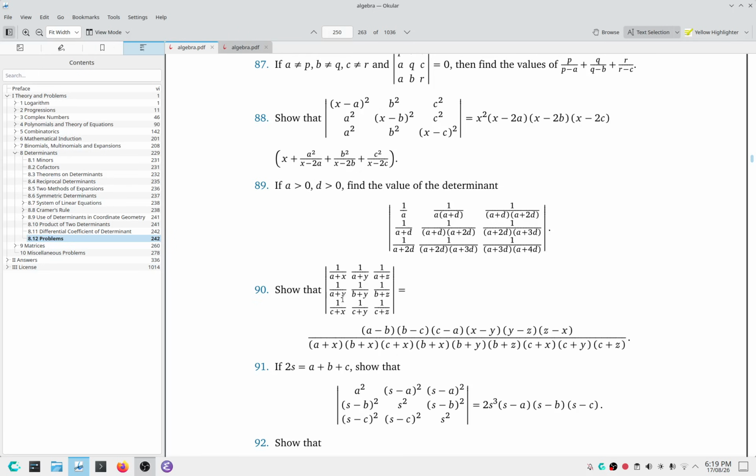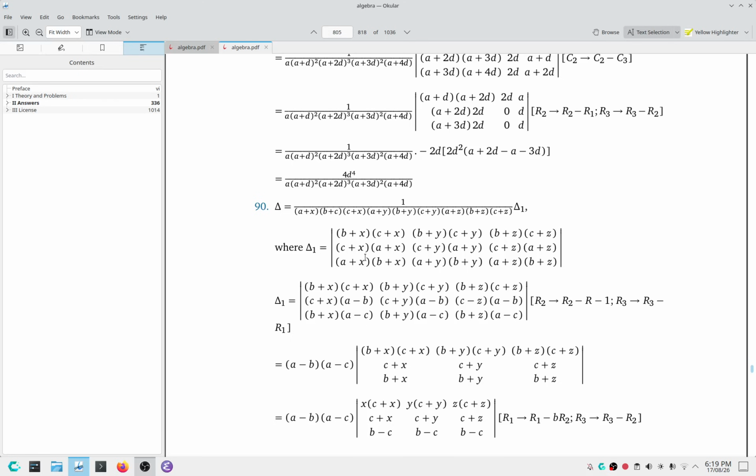So delta is equal to 1 over (a plus x)(b plus x)(c plus x) times the determinant with rows a plus x, b plus x, c plus x; a plus y, b plus y, c plus y; a plus z, b plus z, c plus z, where delta 1 is this determinant.